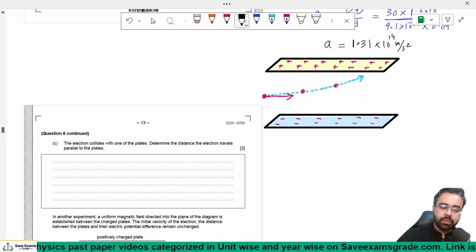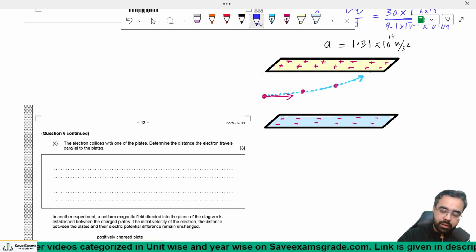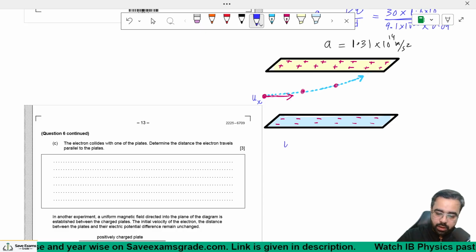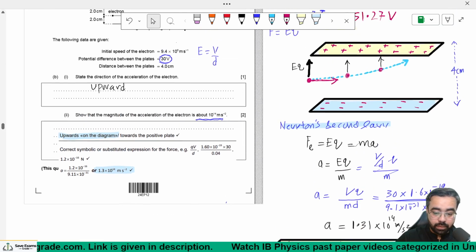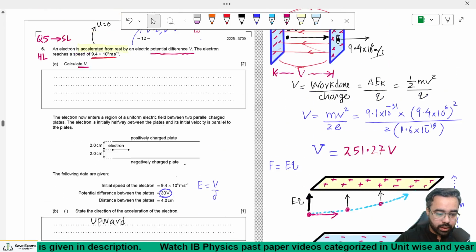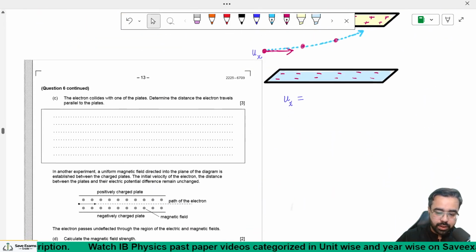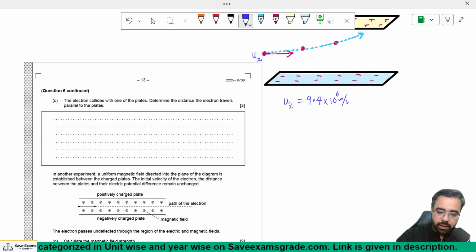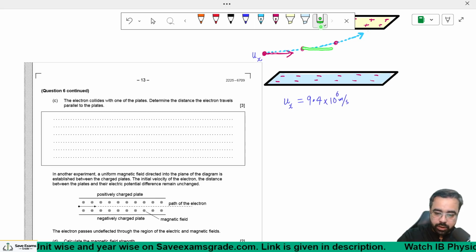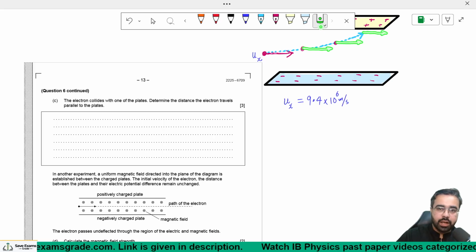So now I will explain what I exactly mean. This can be called its initial horizontal velocity, which we have already calculated. I think it was 9.4 times 10 to the power 6 meters per second, right? This velocity will not change at any point. Its magnitude as well as its direction at all points is along the x-axis and the same value.